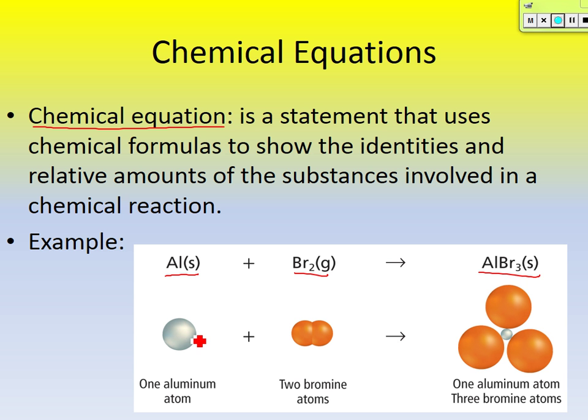It's just a 1. So we see 1 aluminum atom here. Okay, if we react that with Br2, what is this 2 telling us? That there's 2 bromine atoms. So you'll see down here, there's 2 bromine atoms. If you react them, so you mix them together, they will do a chemical reaction and form AlBr3. How many aluminums?